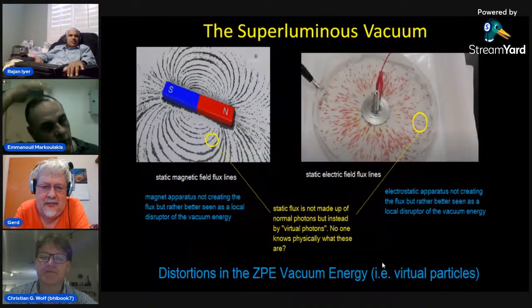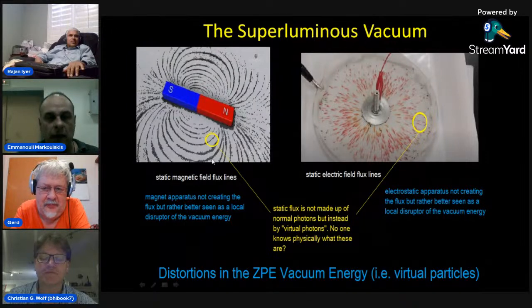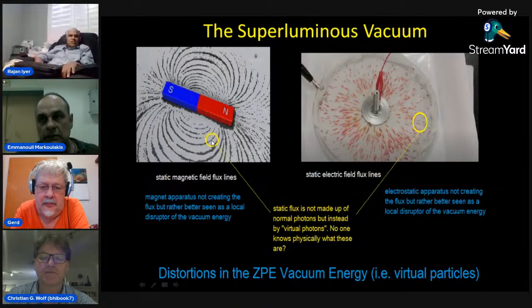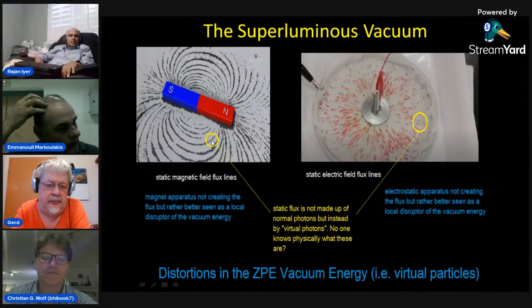So I was talking about the static field of a magnet and the static field of an electrostatic apparatus. So we have here electric flux and magnetic flux. And I was just saying that the flux here is not made up of normal photons. At least that is not what quantum field theory says.